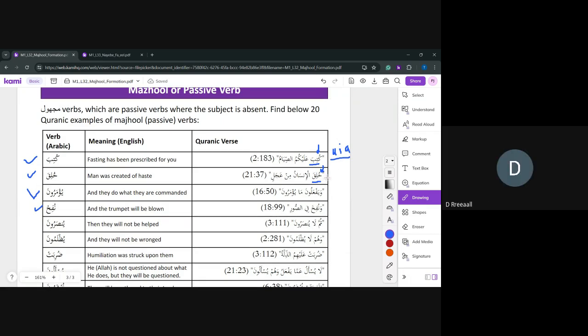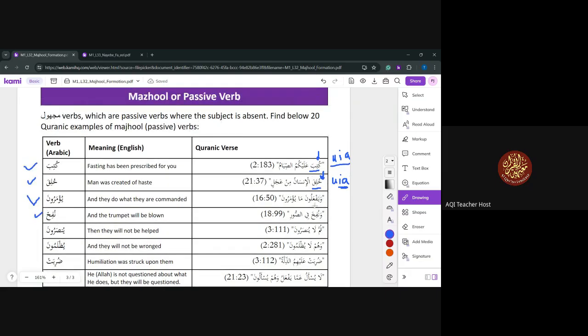The haraka pattern is uia. Good, this is the pattern. Yes, it starts with the dhamma, but it ends with the fatha. The next one, anyone?